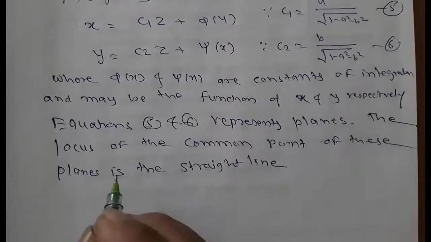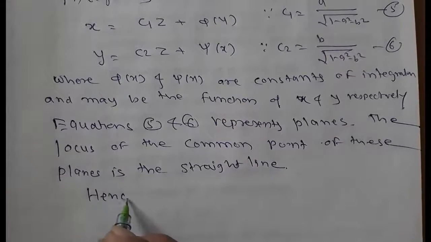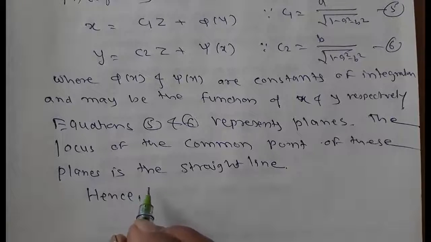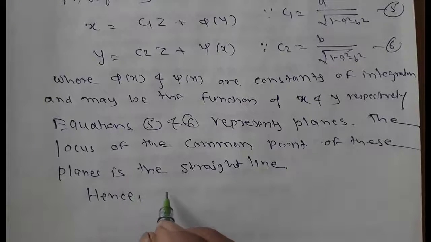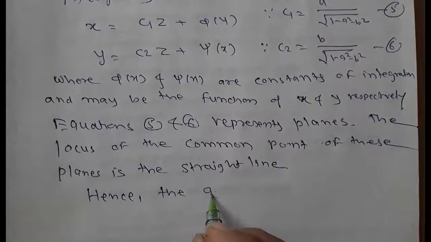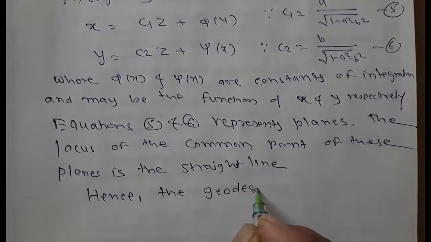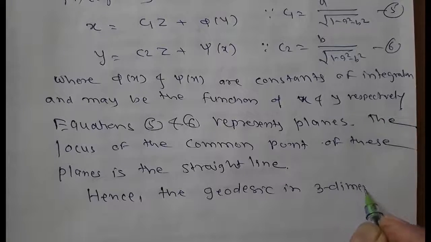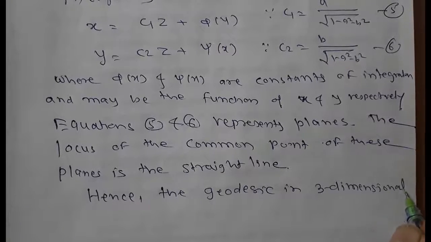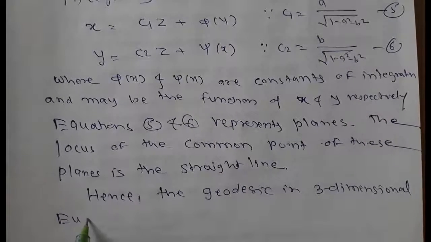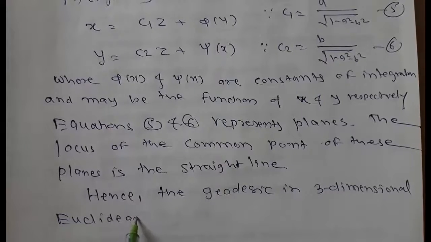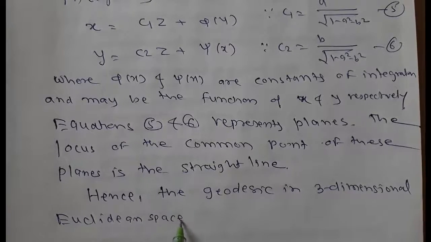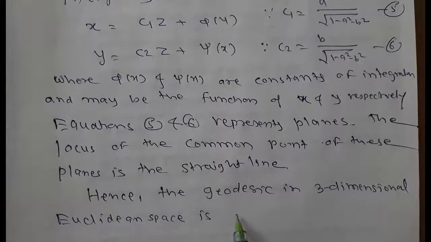Hence, we can conclude that the geodesic in three-dimensional Euclidean space is a straight line.